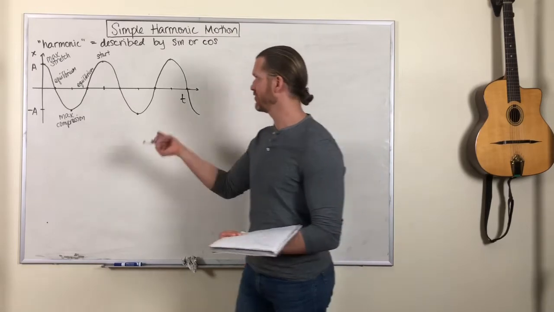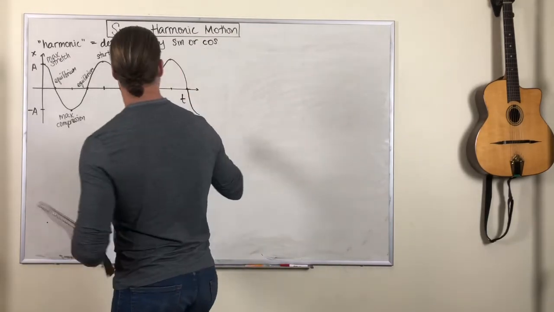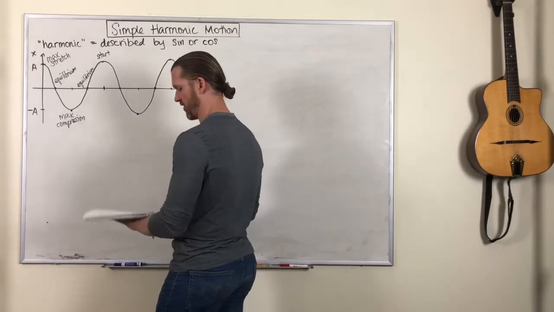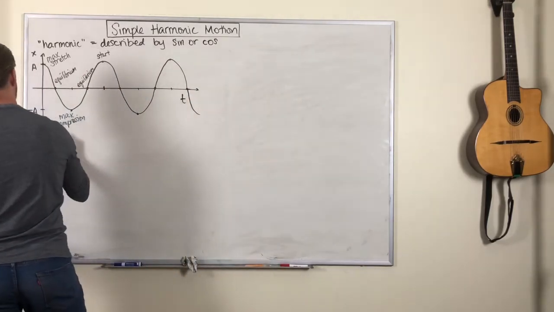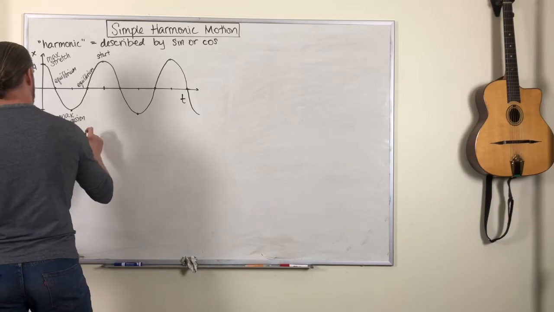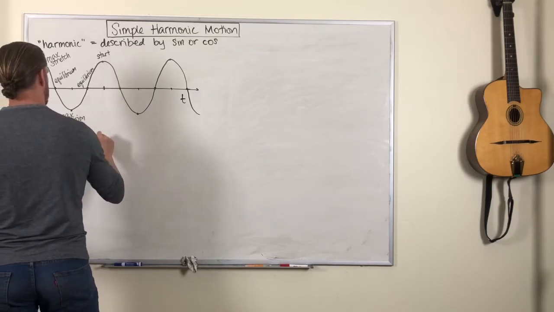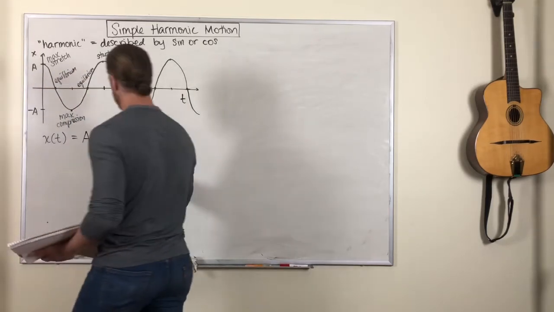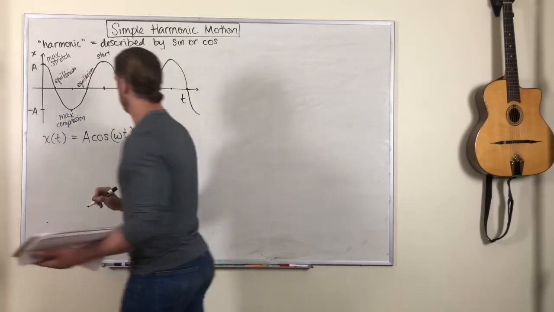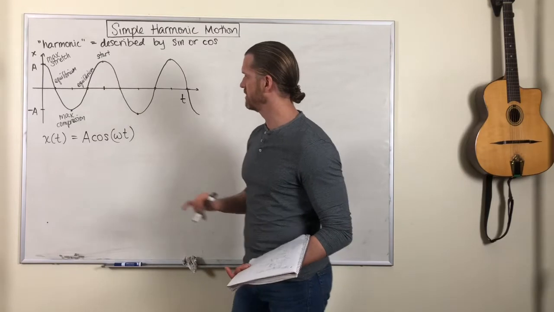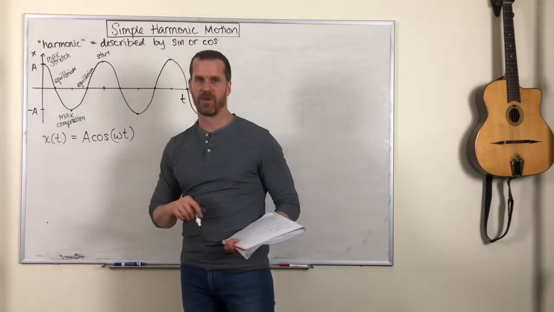And the solution is that the position as a function of time looks like this. A times cosine omega times t. So I'll explain what that omega is in just a second.